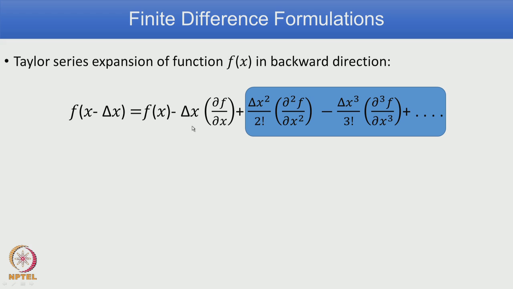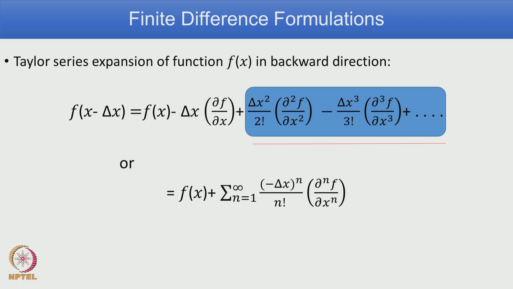You have to notice that the sign alternates, with the delta x first term, then the third term, and so on. As in the forward case, one can also write the entire expression with a summation sign going from n equal to 1 to infinity, minus delta x to the power of n by n factorial, and all other higher order terms.